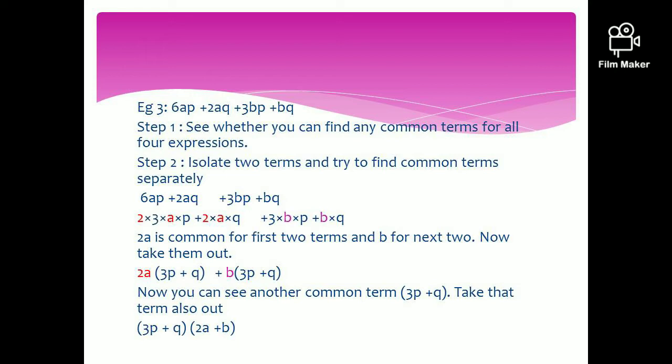If you take 3P plus Q out, it turns into 3P plus Q times 2A plus B. That would be the entire factorization for the expression 6AP plus 2AQ plus 3BP plus BQ.